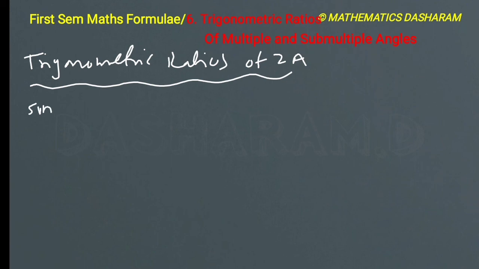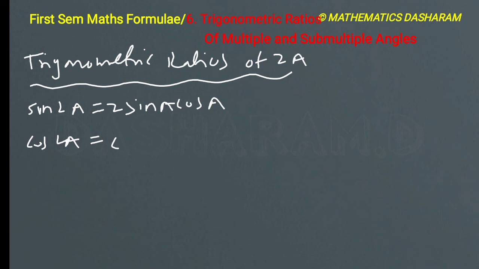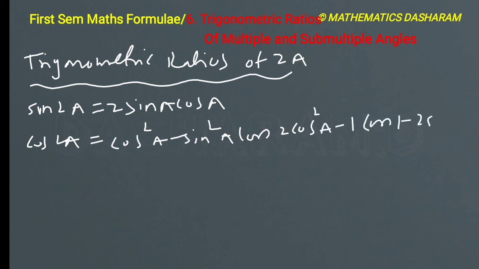So first one is sin 2A equals 2 sin A into cos A. Next, cos 2A equals cos square A minus sin square A, or 2 cos square A minus 1, or 1 minus 2 sin square A. So there are a total of three formulas for this.